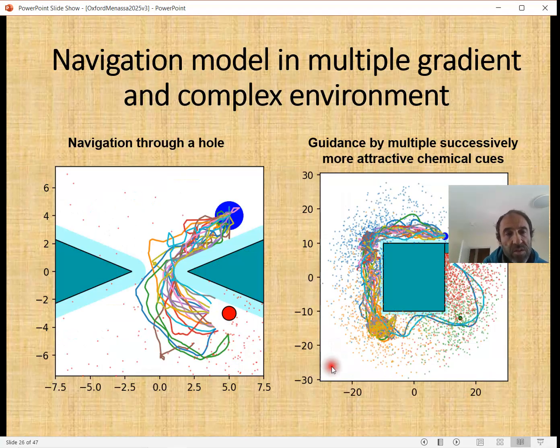Okay, and in the end with this, you can generate a path going from where you start to the source. And you can do that by using multiple gradients, and using a memoryless process, the trajectory can be generated from really one point to another. Here this is represented by the different colors of the morphogens, from one point to another.